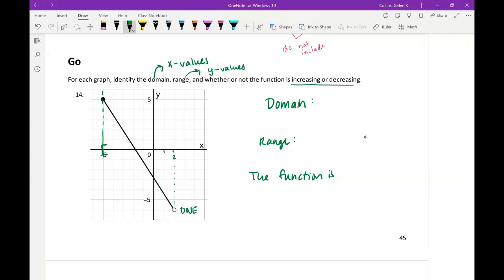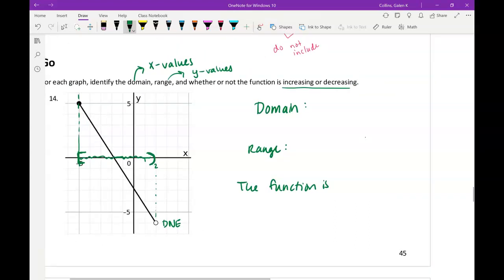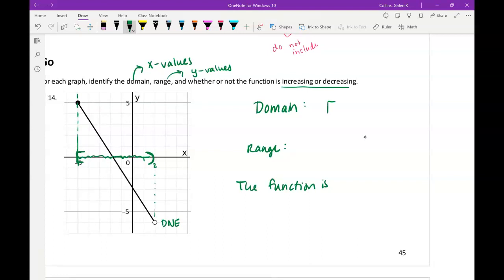So that means that my domain gets really close to +2 but never goes through 2. So if you look at the way I just wrote that, we said we go through -5, and then the function exists for all these x values, and then it gets really close to 2 but doesn't go through it. That gives us a clue how to write this with interval notation.